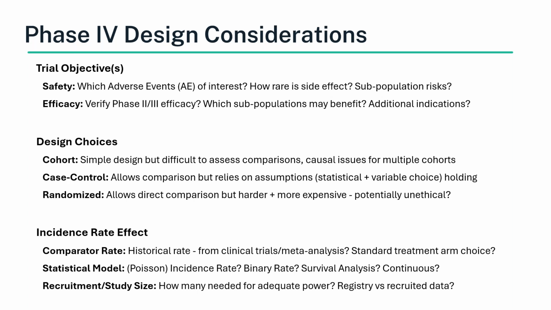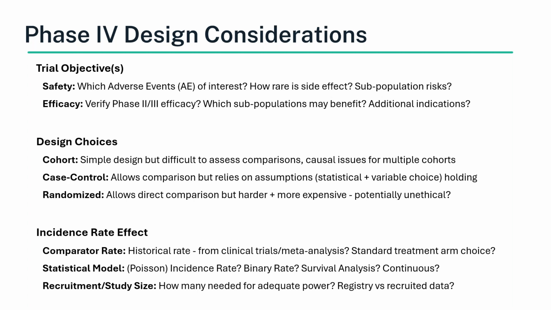And then you have your incidence rate effect. Thinking about the adverse event rate, how does that affect things? If we're going to make a comparison in, say, a cohort design, are we going to get that from a historical rate? From previous clinical trials, a meta-analysis, or other observational studies? If we have the standard treatment, what is the definition of standard treatment?